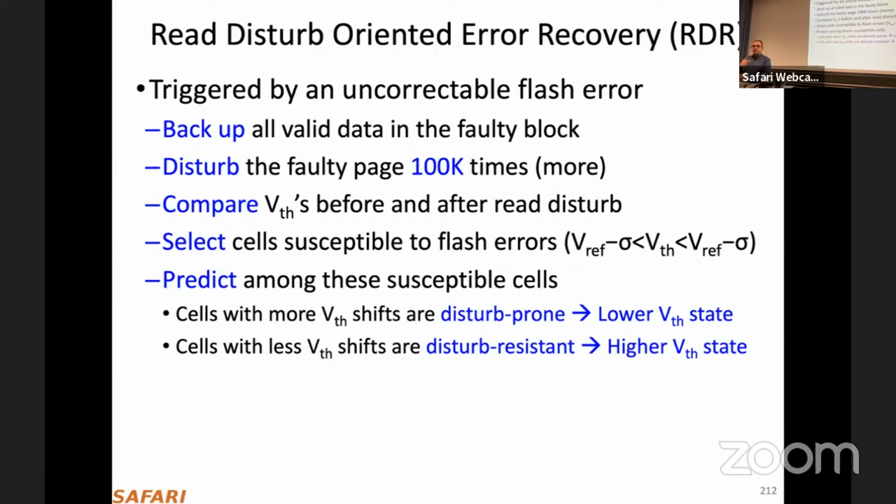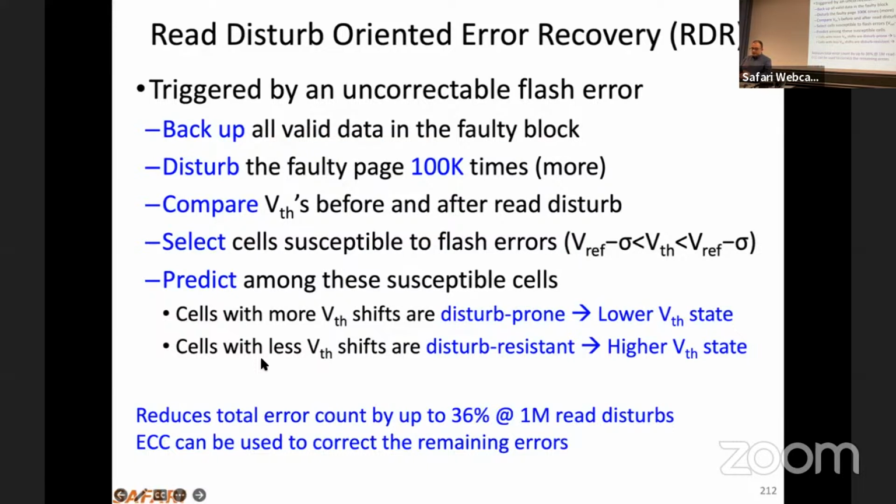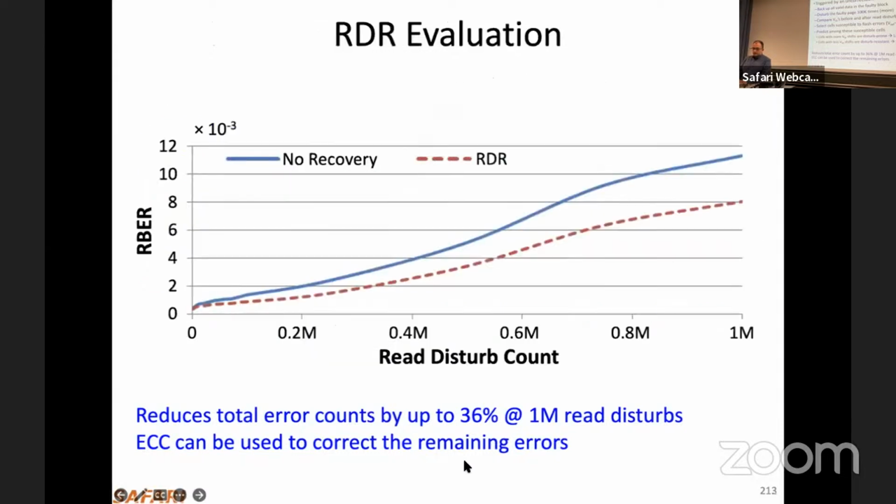So if you want to correct it, you need to consider that these cells, since they are disturb prone, have moved a lot, meaning that the initial state is actually much lower. And cells with less threshold shift are disturb resistant, meaning that their threshold state should be higher. With that, we can reduce total error count by up to 36% at 1 million read disturbs, and ECC can be used to correct the remaining errors.